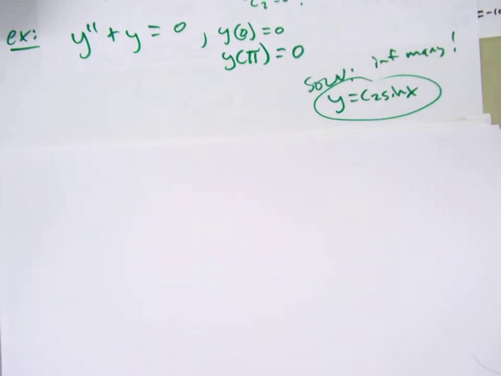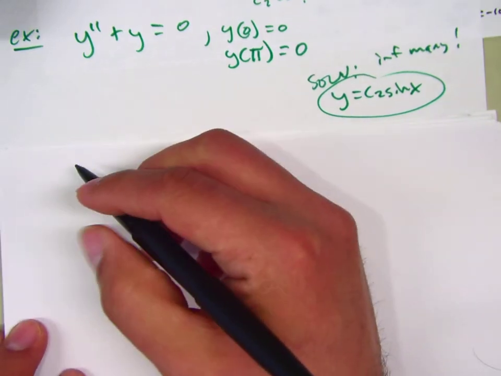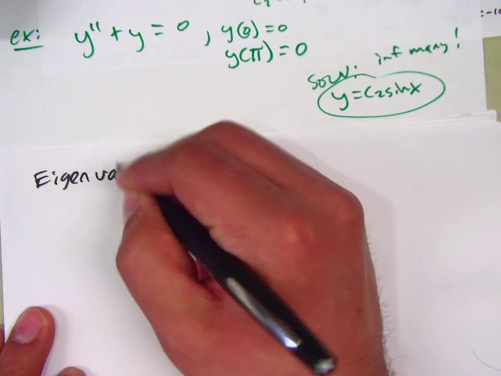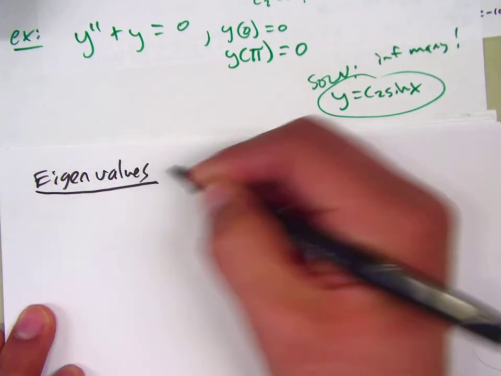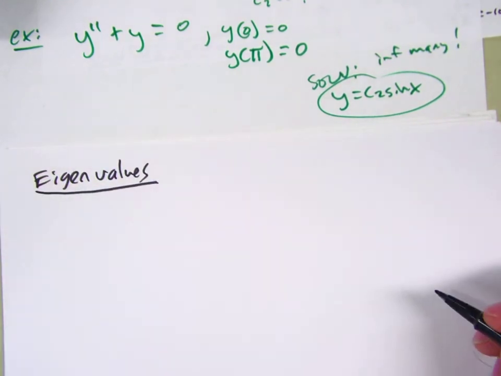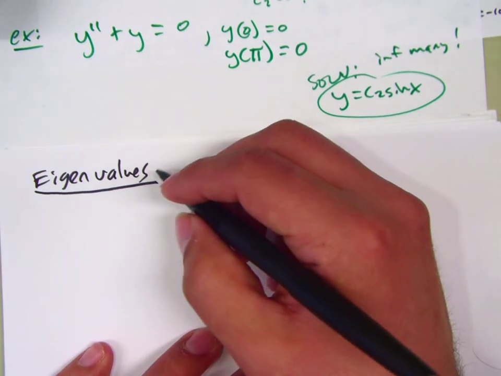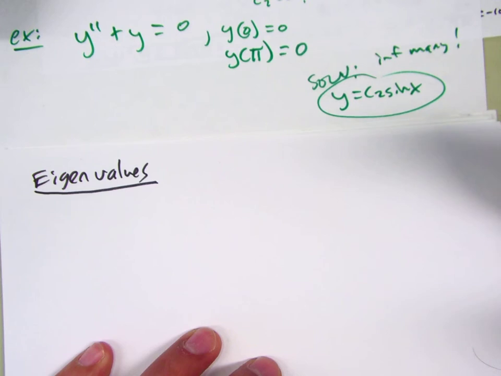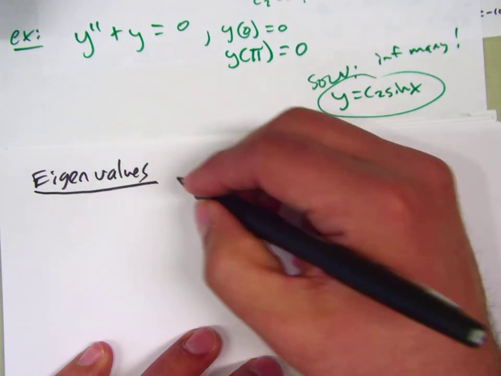Okay. So we're going to introduce something called eigenvalues, which you may have heard of already. Similar language, and it's because of the number of solutions that we obtain.